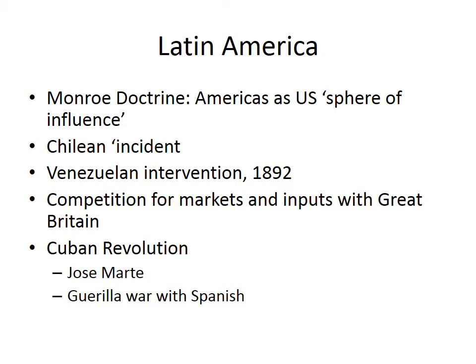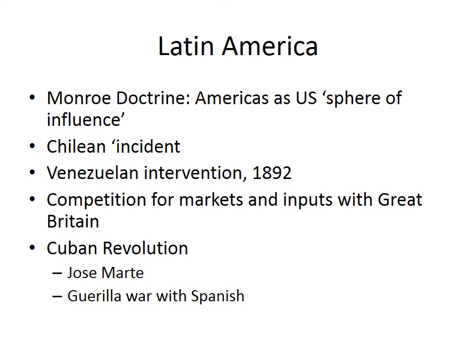Now, on to Latin America. We talk in U.S. History 1 about the Monroe Doctrine. Now, the Monroe Doctrine has two points to it. Okay, first, that the Americas is closed to European colonization.